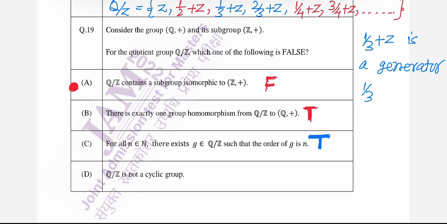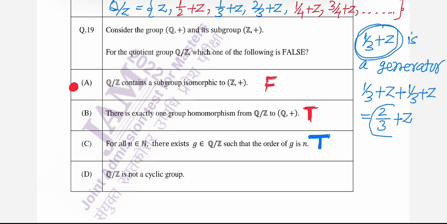I first add 2 times, then this will give us 2 by 3 plus Z. So you will be very happy that this 1 by 3 plus Z is giving us a different element of Q by Z, 2 by 3 plus Z. You see here, 2 by 3 plus Z and 1 by 3 plus Z, both are different.